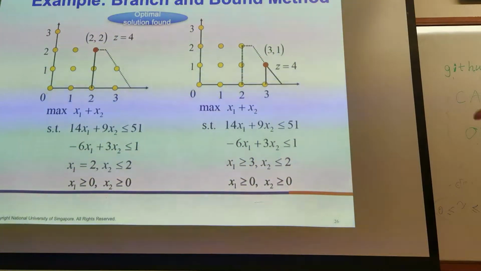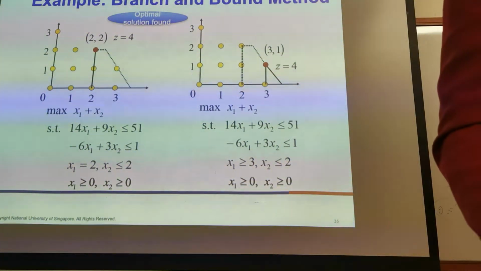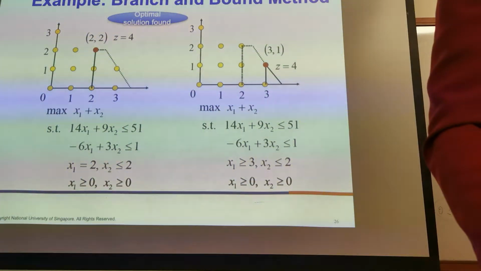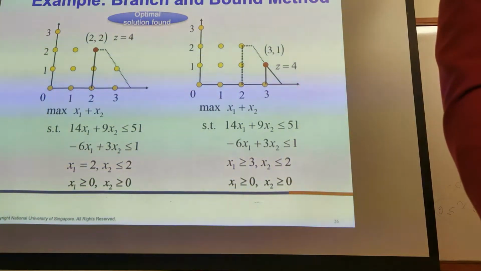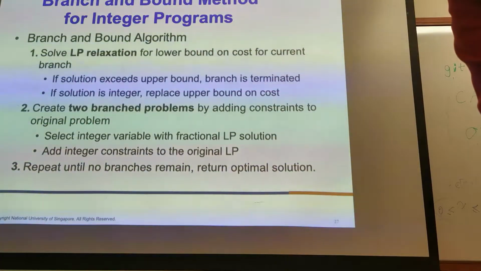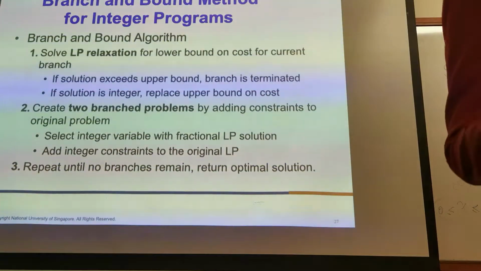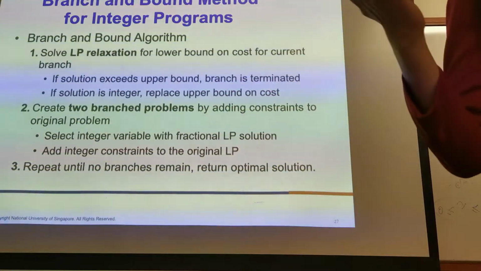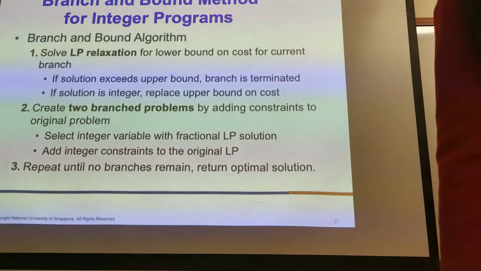So there might be two equally good integer solutions in this case. But in the real process, you don't have to calculate, you don't have to build the tree yourself, right? The computer is there to help you build it. But the searching process is what we need to understand, how it builds the branch and the bound to finally find the solution.